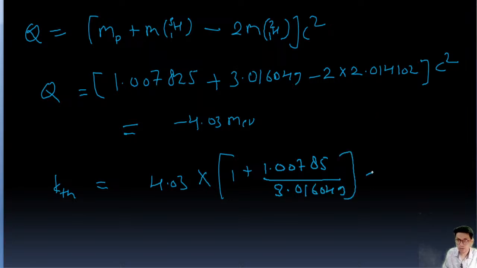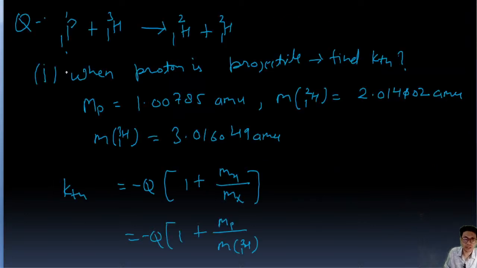This value is going to be 5.3 MeV. This is the KTH, 5.3 MeV. This is the first case, guys. Now the second case.